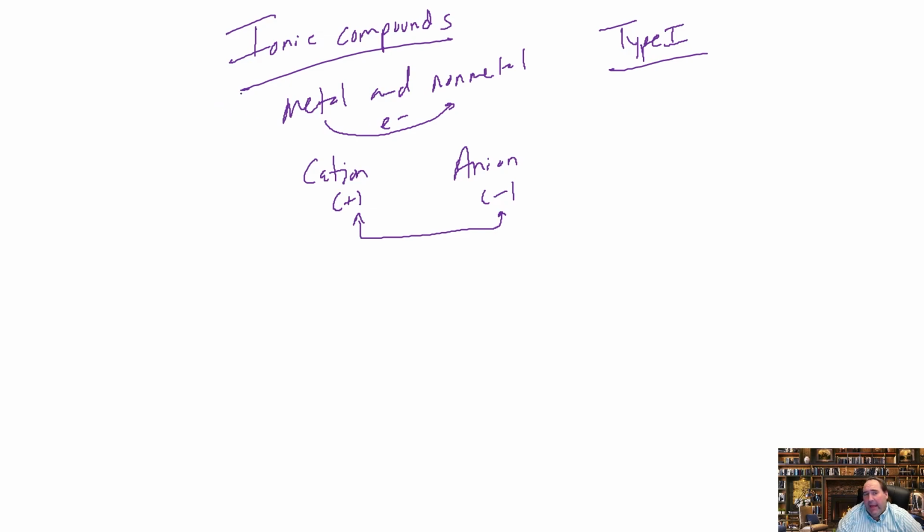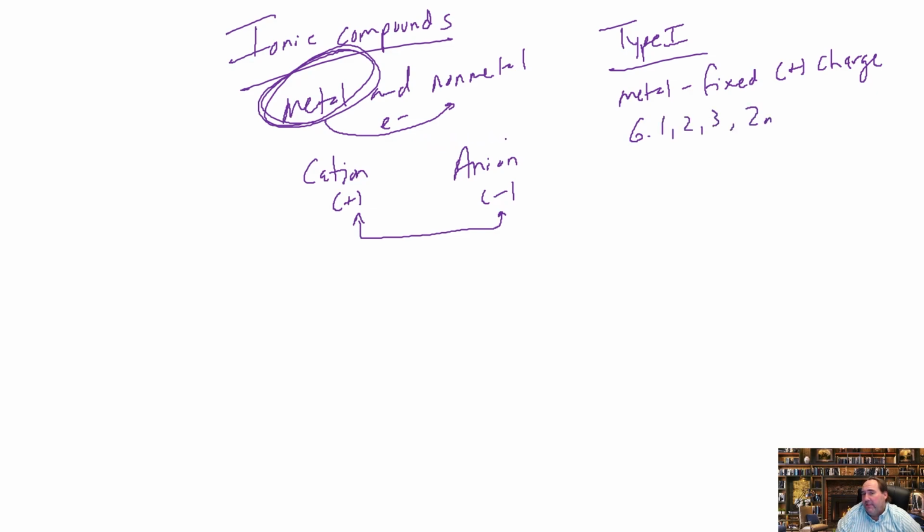We talked about type 1 compounds. And remember that whenever a metal is involved, it is always the one that you want to look at. In a type 1, the metal has a fixed positive charge. And what that means is that's usually from the periodic table our group 1, our group 2, our group 3, which is aluminum, our zinc, cadmium, our silver.